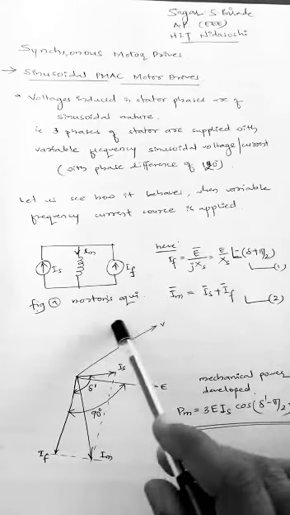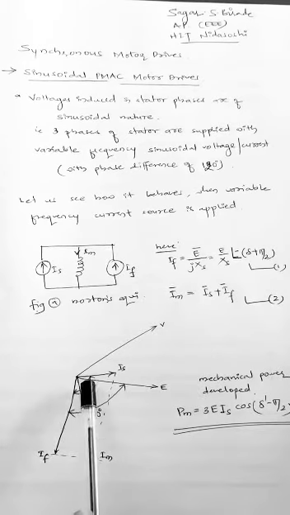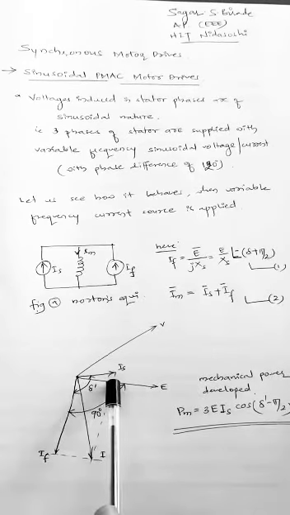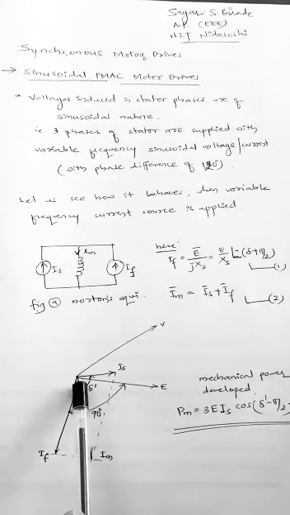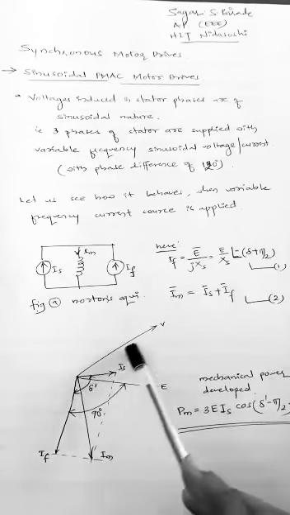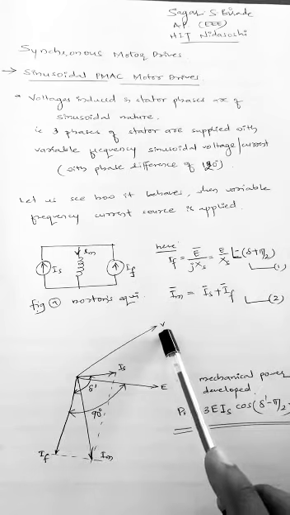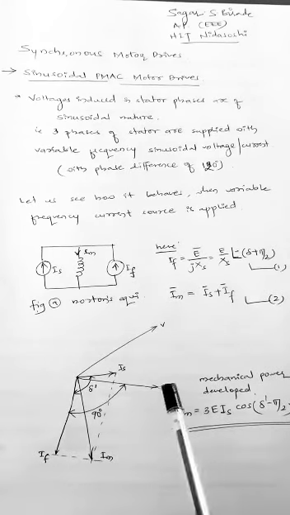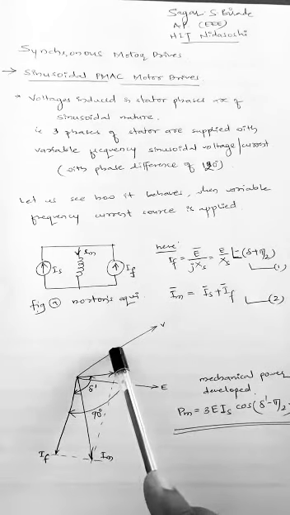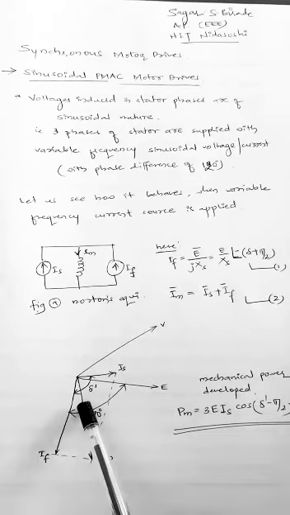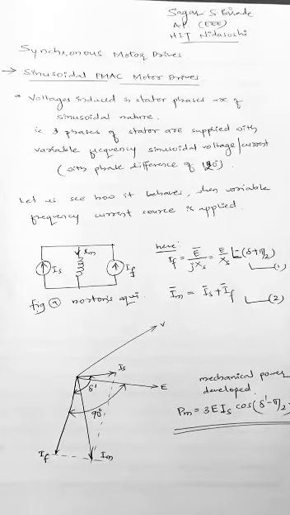Just see the phasor diagram. Is is taken as a reference, and E, the induced EMF, and the applied voltage V are drawn. V and Im are 90 degrees apart.